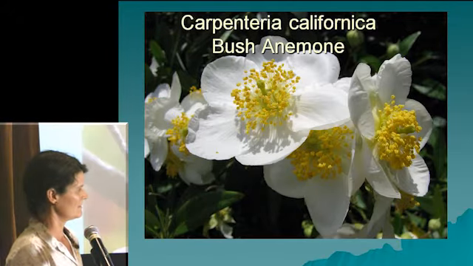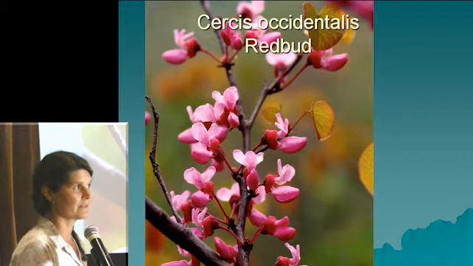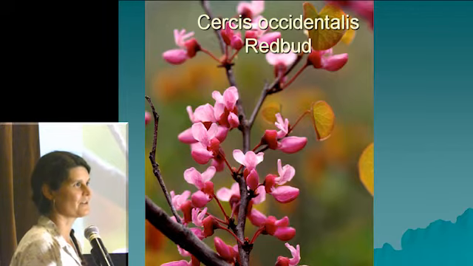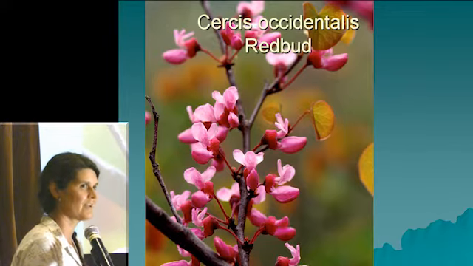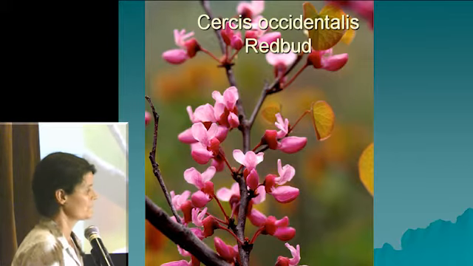That was nice. And then, of course, the redbud, the Cercis occidentalis. I've seen this a lot up on the Eel River, up in the rocks with Vitis californica, the wild grape. So, interesting. It's another one of those that you kind of think of as dry all the time, but I think it likes it a little on the moist side too.